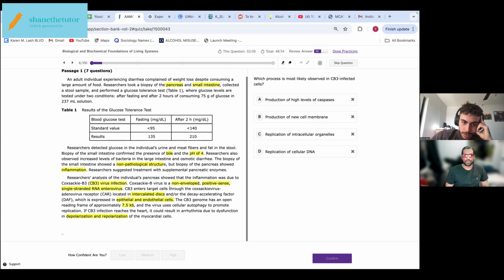So now, what does CB3 do in infected cells? What was the question? Like, what does CB3 do inside an infected cell? Like, what does the passage say? Replicate. Sure, everything does that, but what does it do to the infected cell?